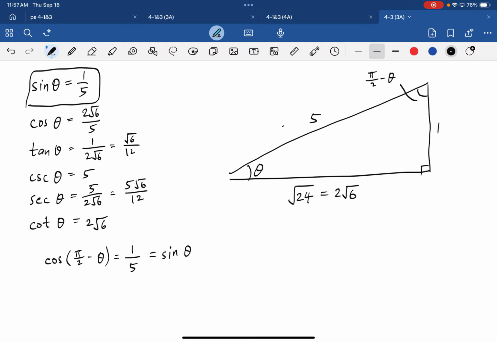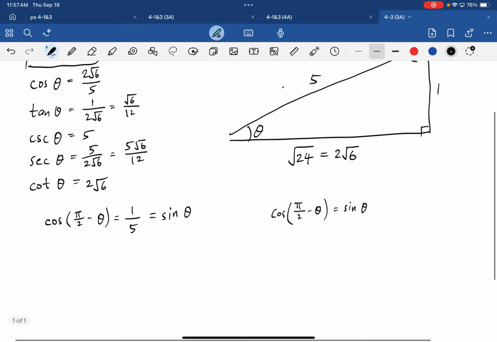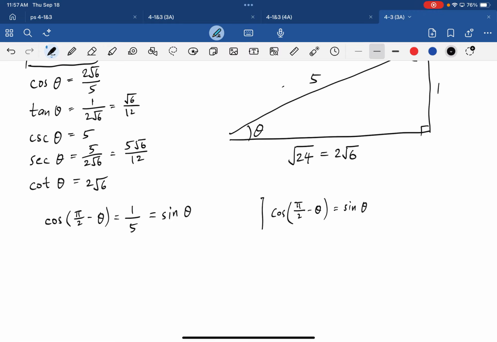Do we agree? So this is one of the first relations that we'll establish for today. Cosine of pi over 2 minus theta is equal to sine theta. Something we can memorize.